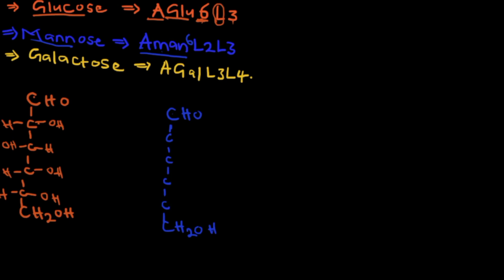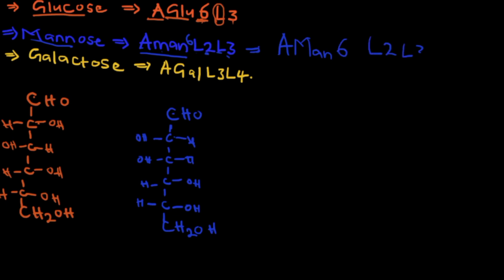Then the point of difference is L2, L3, that is left in carbon number 2 and 3. So I have left here, carbon number 3 left also. Under the remaining carbons, I will have my OH attached to the right, and I know automatically my hydrogen will fill the remaining space. So the revised code will be A man 6 carbon L2 L3.